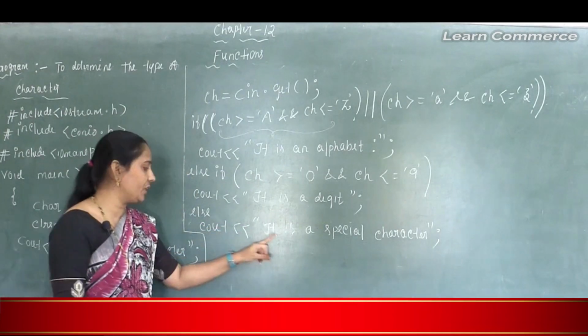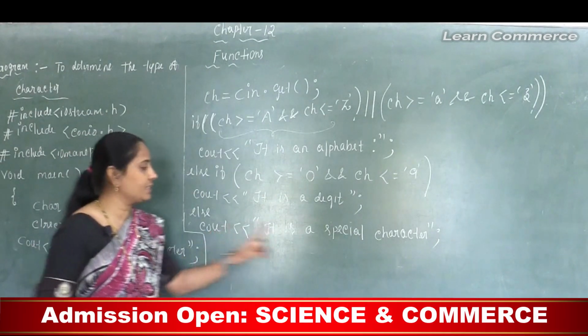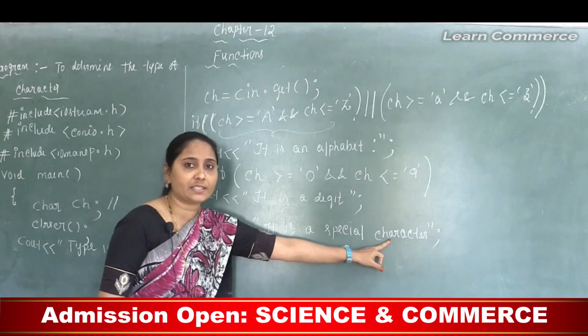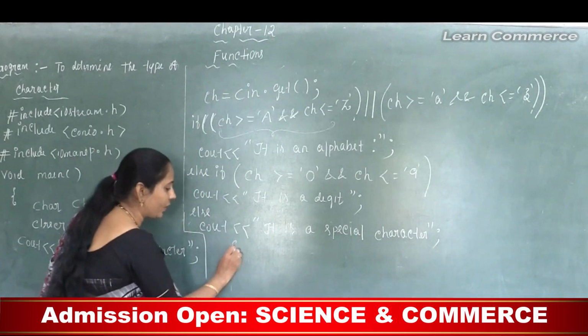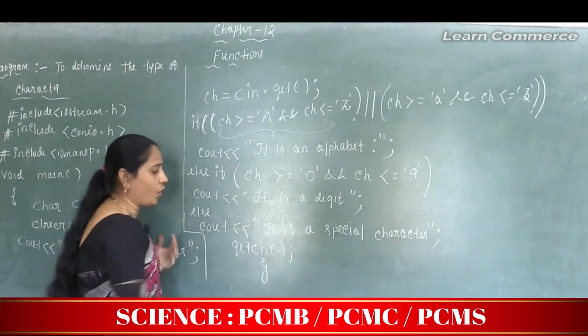That means it is going to display cout whatever character we input, such character is a special character. Clear this one here? And later, lastly we need to close the else and close the curly bracket.